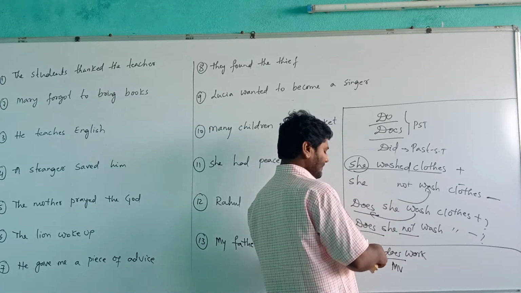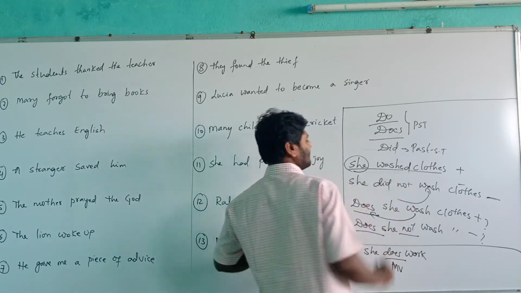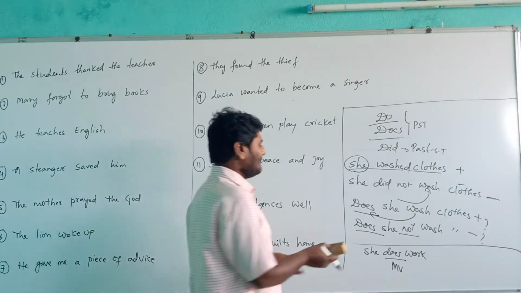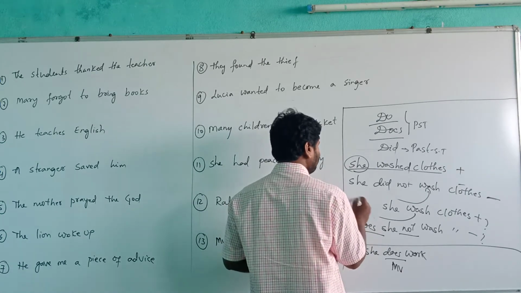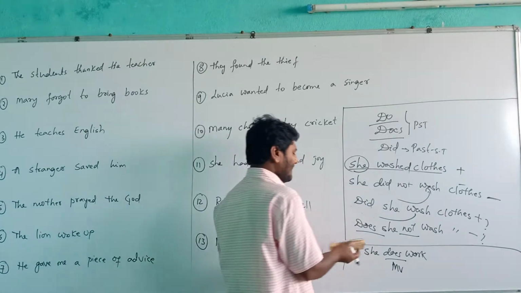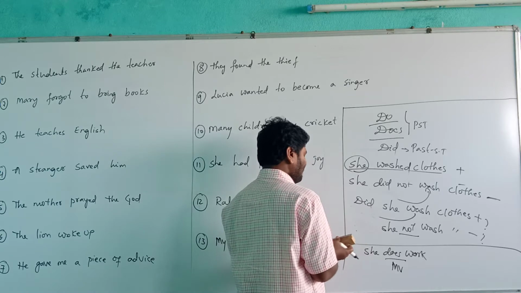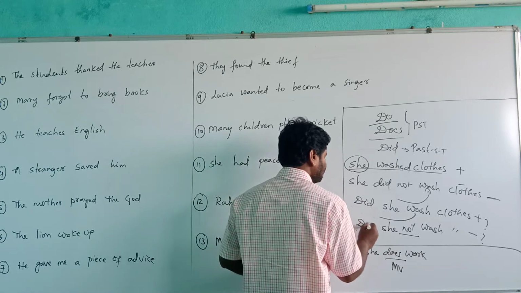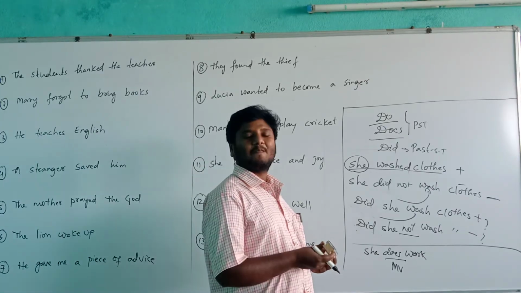I will be using she did not, because my sentence converted to past form. Then the helping verb, not does, the helping verb will be did. Did she wash clothes? Then again not here does, my helping verb will be did. Did she not wash clothes?